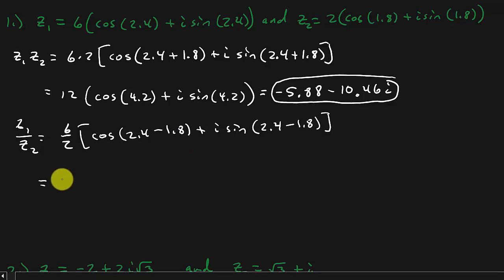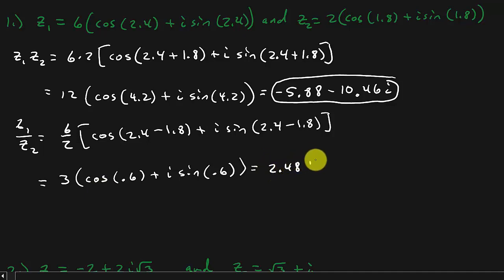And so that's going to be 3 times the cosine of 0.6 plus i sine 0.6. And then we just distribute: 3 times cosine of 0.6 is going to be 2.48, and then plus 3 times the sine of 0.6, that's 1.69i.